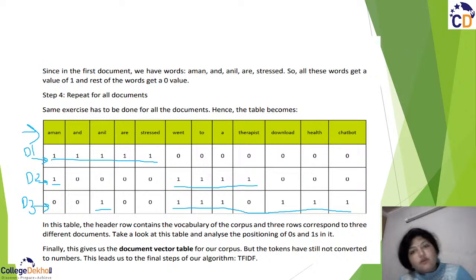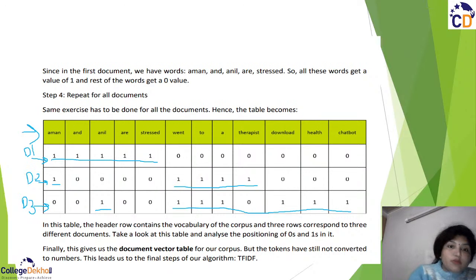Hope you understand the concept of text normalization, how to create dictionaries, how to create document vectors, what are stopwords, when to remove stopwords, when to use stopwords, right? I hope you have understood and every concept is clear. Thank you.